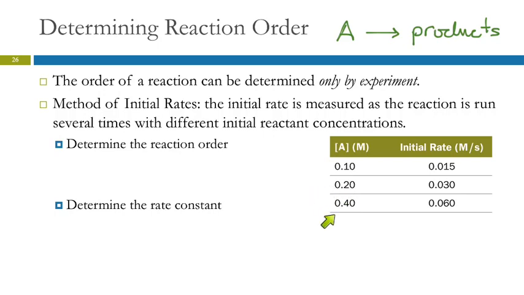What if we double the concentration again, from 0.2 to 0.4? The rate doubles again. So this is times 2, and this changes by a factor of 2. We double this again, and this doubles again.